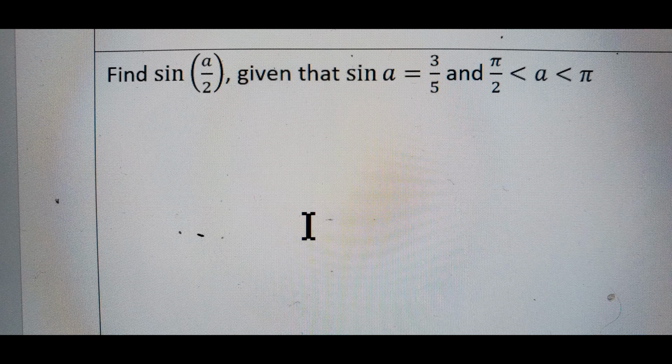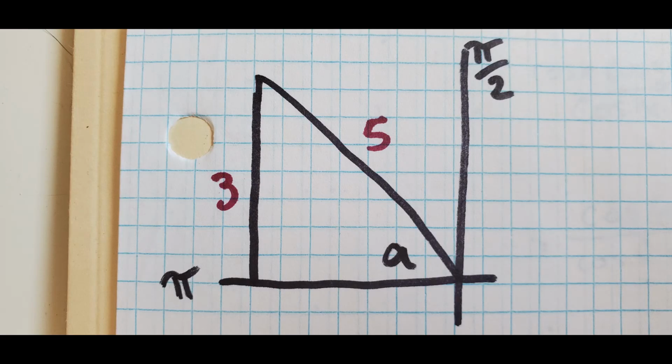So when I draw that picture, it should look like this. So this is all the information they've given me. Pi over 2 is 90 degrees, and then pi is 180 degrees. So that's how I know where to draw it. Sine of angle A is opposite over hypotenuse, so 3 divided by 5.